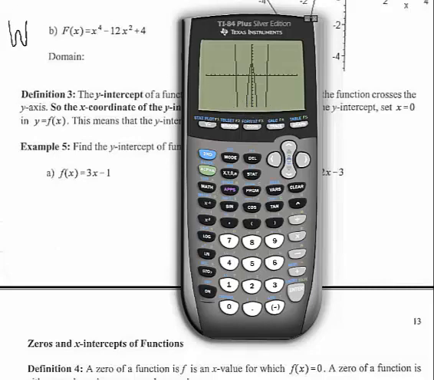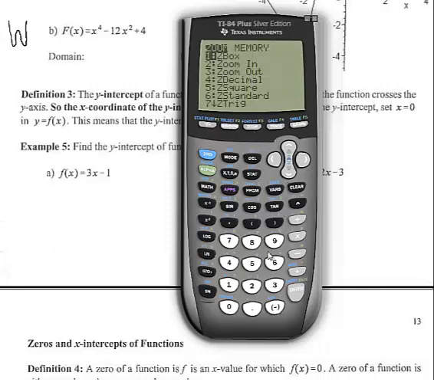So I'm going to have to zoom out. Alright, and so it zoomed out. It sort of scrunched up our function in the middle of the screen. I'll now go back to zoom box and try to get a better picture.